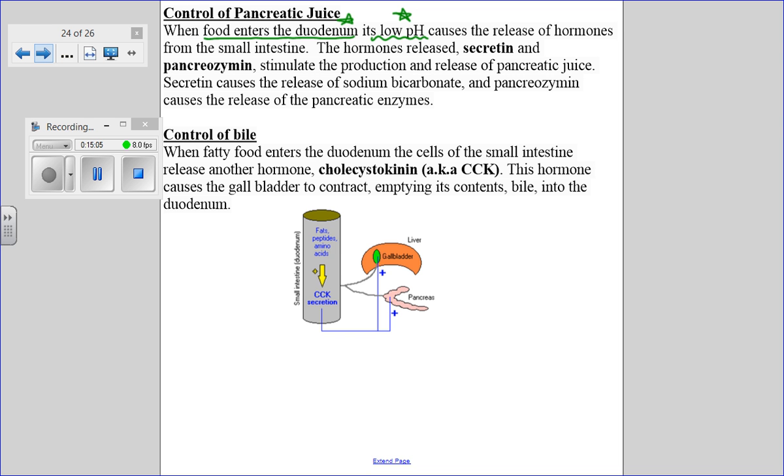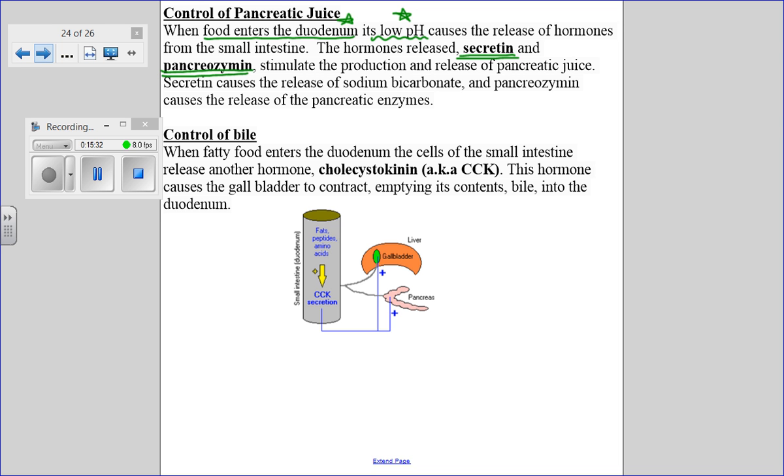So food comes in, the fact that the pH is really low because it just came from your stomach is the signal that these hormones need to be produced. We get two hormones, secretin and pancreozymin. Now these two hormones are going to have an effect on your pancreas.